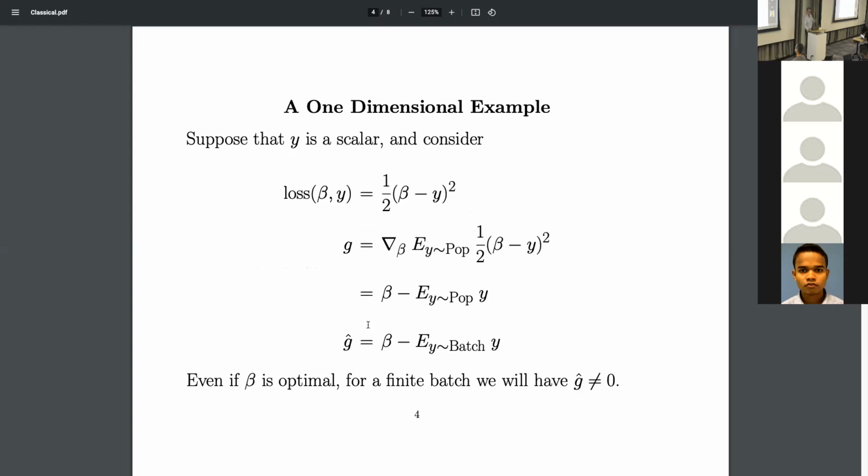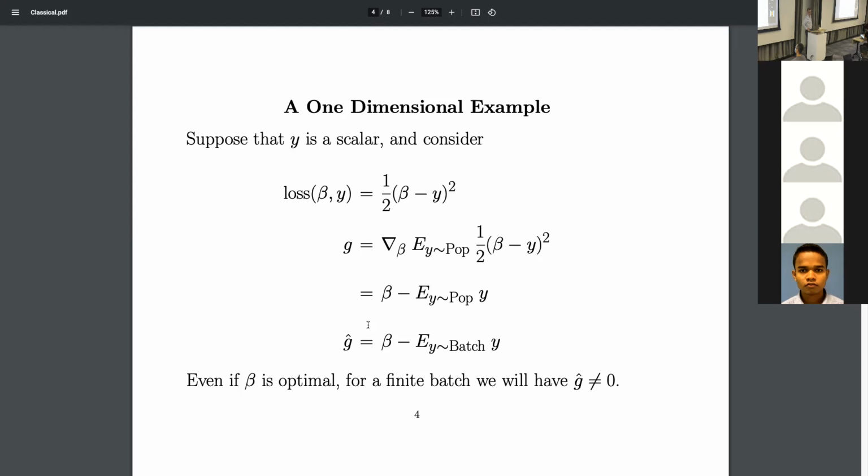So here's a simple example. Suppose I've got a loss function and one parameter in my model, which I'm going to call beta. Think of beta as the model parameter. I want to tune beta to minimize the average of the loss.